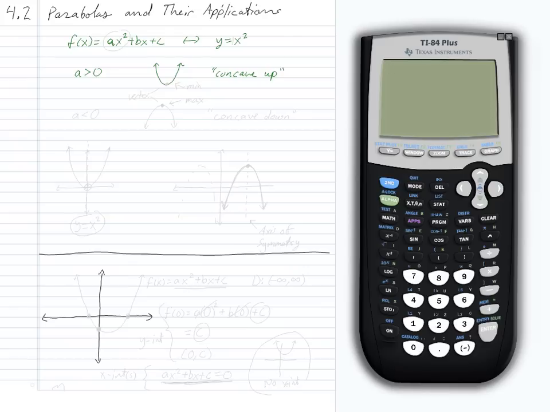On the other hand, if we were to tack a negative onto the front of x squared, if we change this 1 into a negative 1, our a, the leading coefficient, the coefficient of x squared, would be negative, and that results in a vertical flip. So at the very least, when we first encounter the equation for a parabola, we can tell right away whether it opens upwards or downwards. In other words, whether it's concave up or down.